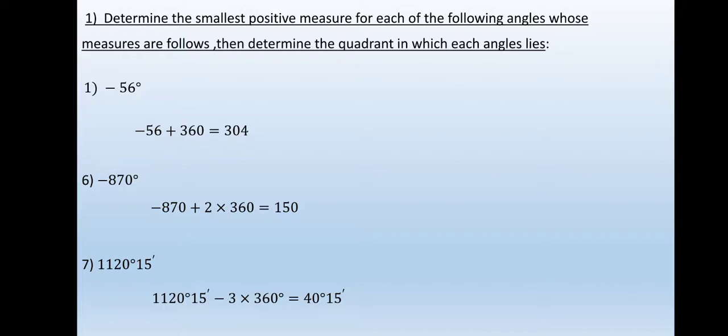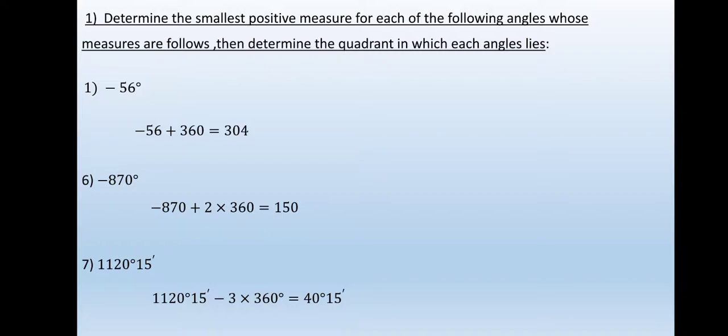The first time gives a negative number, so we add 360 again until we get a positive number, which equals 150.